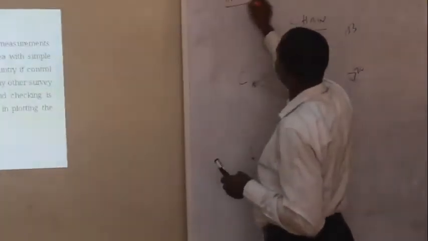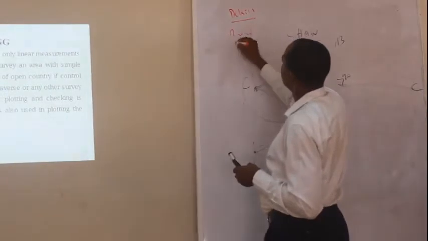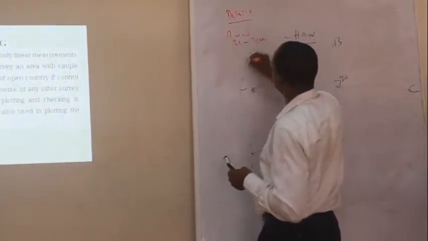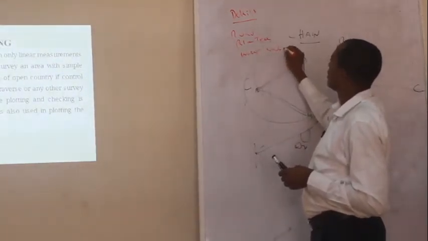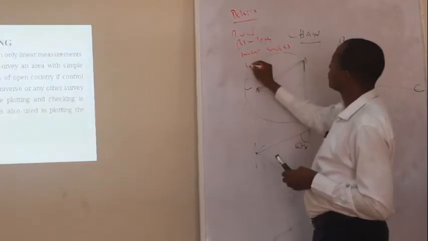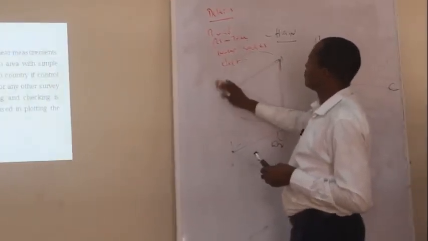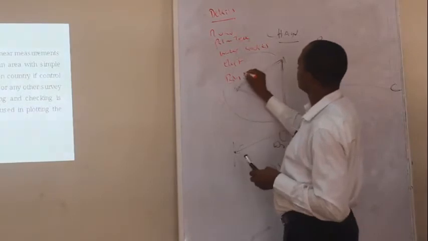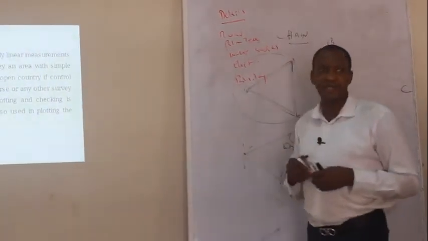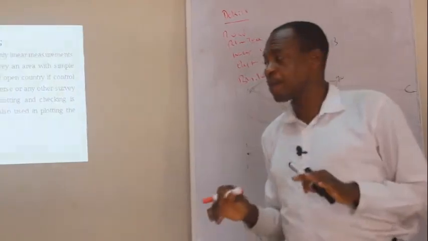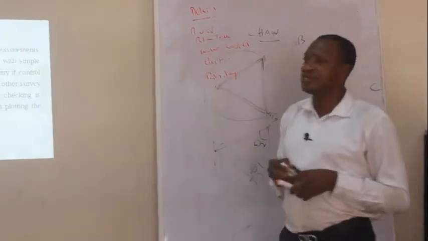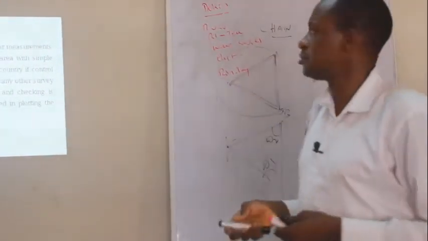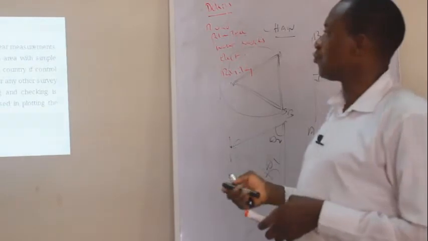When we say details, this can include the road, palm tree, water bodies, electric pole, building, any feature that is artificial or natural are categorized as details. So in the area where you don't have too many details, chain survey method will be suitable.